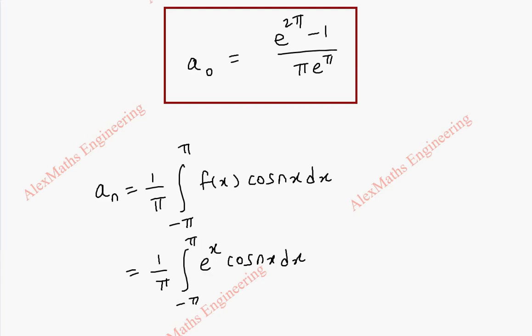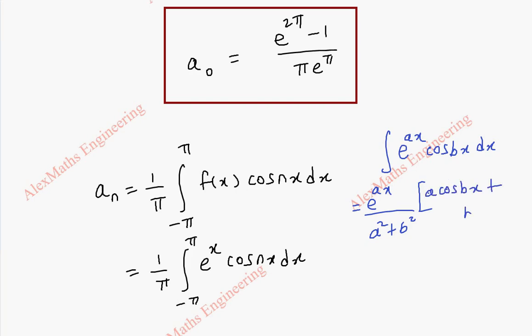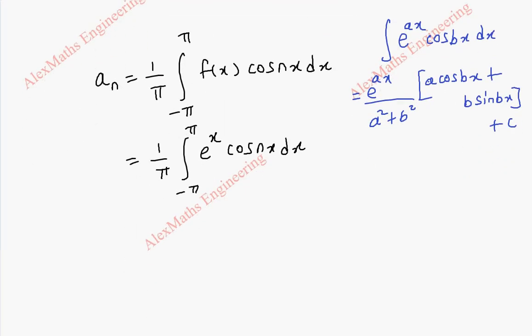We have a basic formula: integral e power ax into cos bx dx is e power ax by a square plus b square into a cos bx plus b sin bx, and we would have plus c, but now here we have a limit, so we don't use plus c.